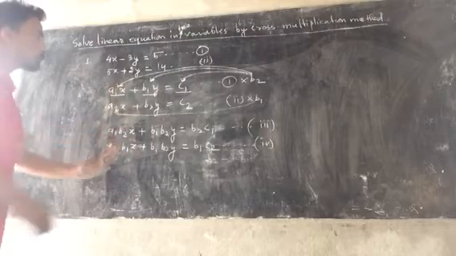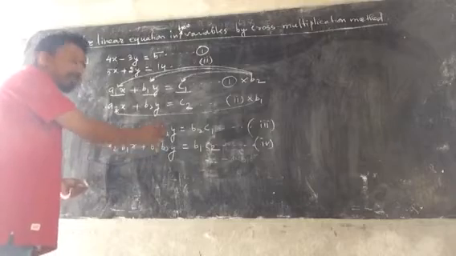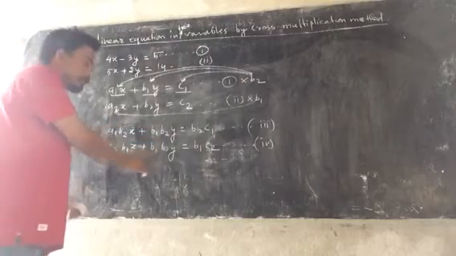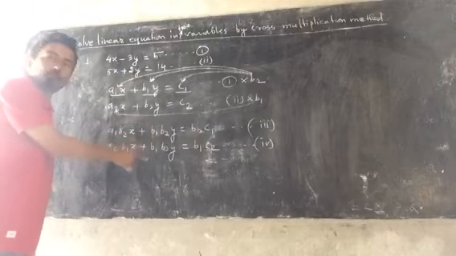So to eliminate it we have to subtract these two. Only by subtracting these two can the terms be eliminated, but plus signs are there, so it cannot be subtracted.